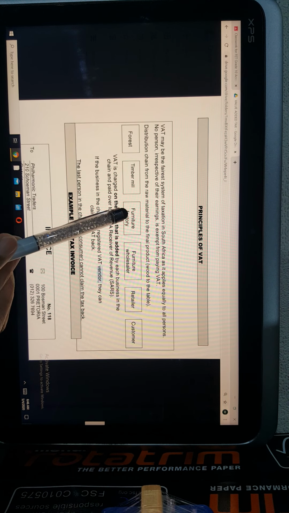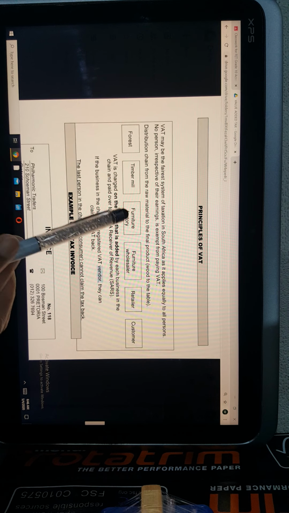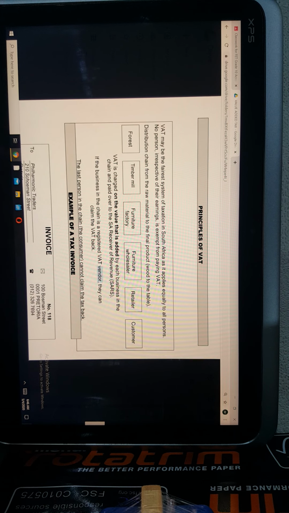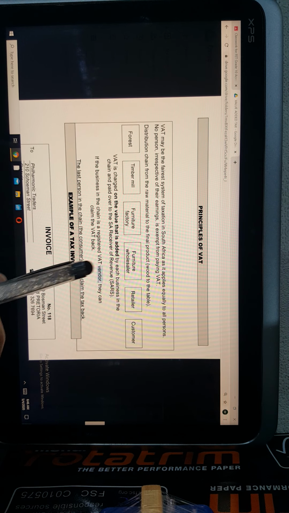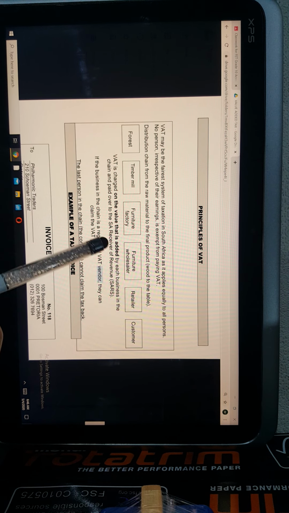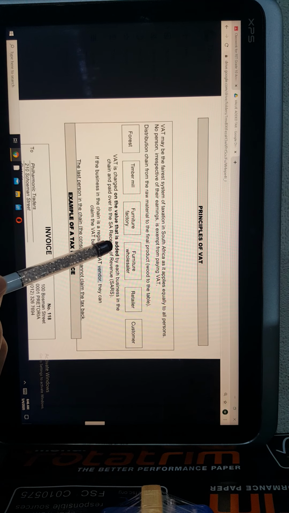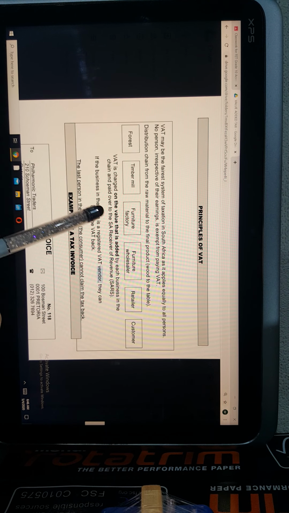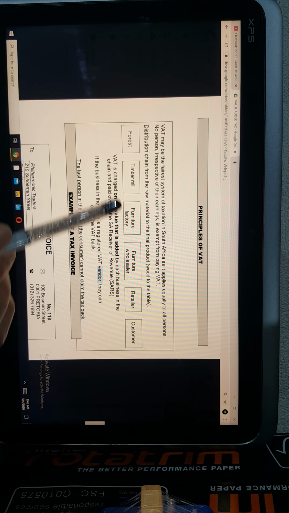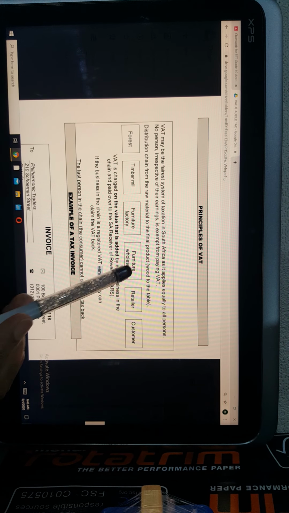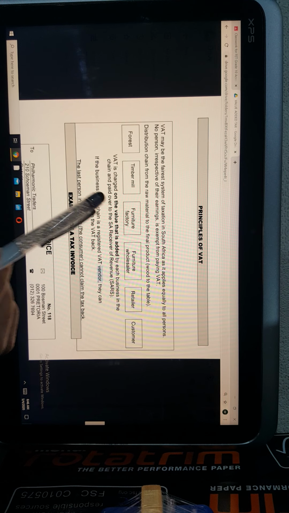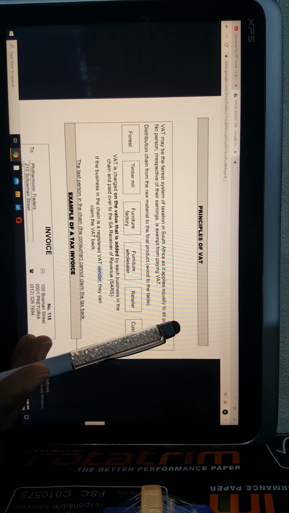So if any one of these people are registered for VAT, remember from the previous note, they need to have at least 50,000 Rand of turnover if they're registering voluntarily. But if they have more than 1 million in sales for the year, it's compulsory for any of them to register. So if they've registered for VAT, then they pay the VAT to SARS.